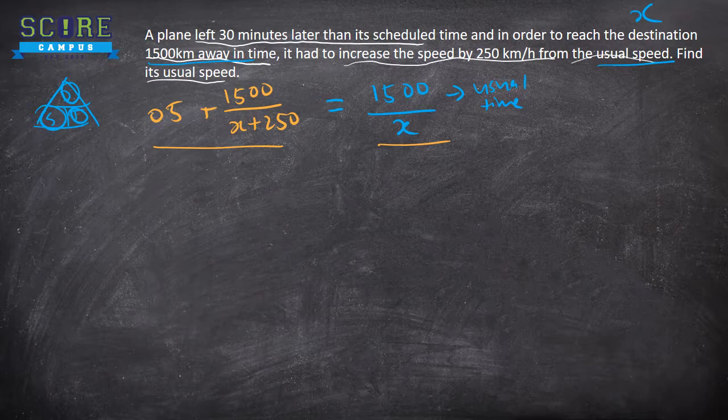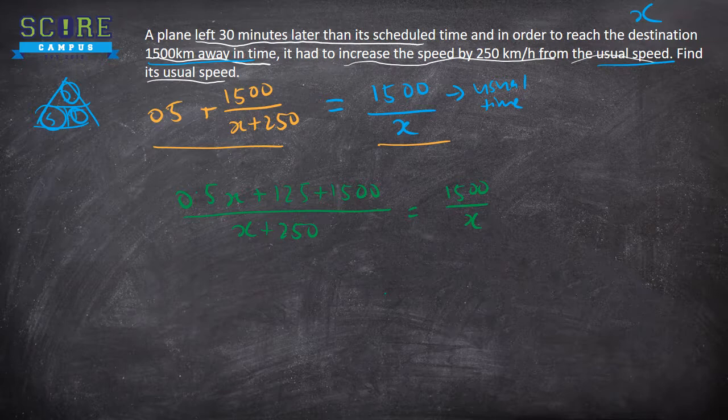Firstly, let's simplify the left side of the equation. There's one fraction and one whole number. I don't like it, so 0.5x plus 125 plus 1500 over x plus 250 equals 1500x over x. Basically what I did on the left side is I put it over a common denominator.